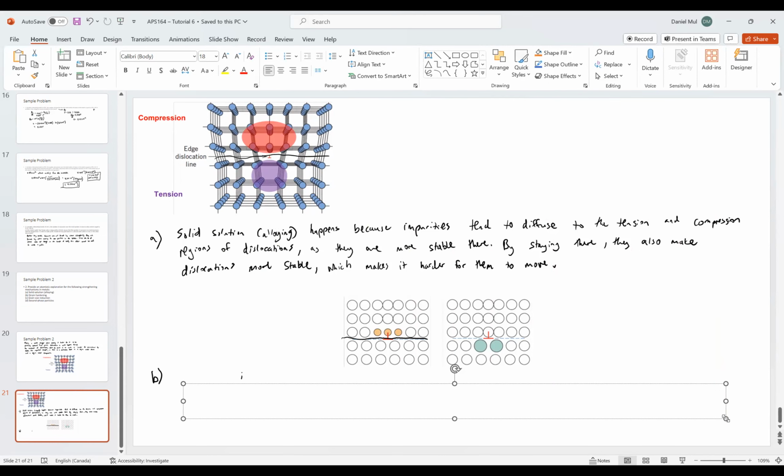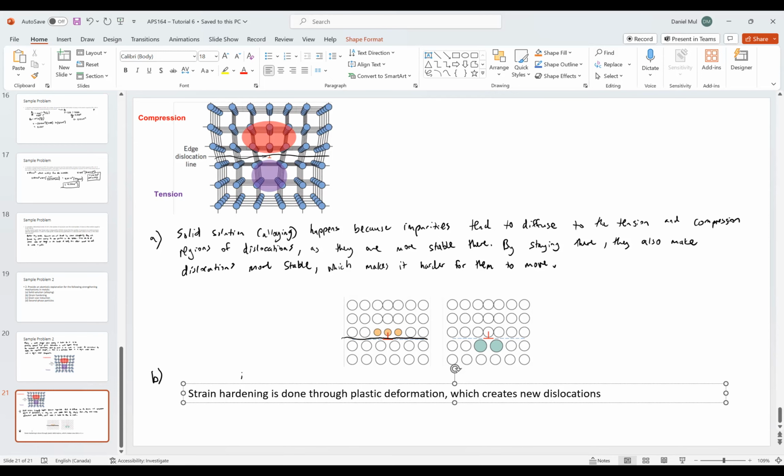Strain hardening is done through plastic deformation, which creates new dislocations. With more dislocations present, it is harder for them to move.